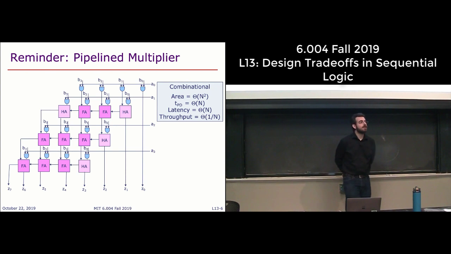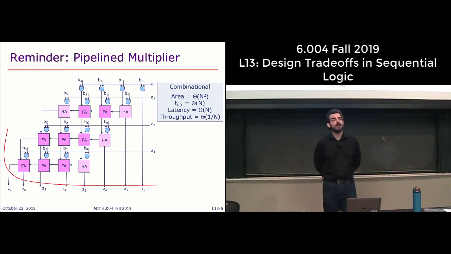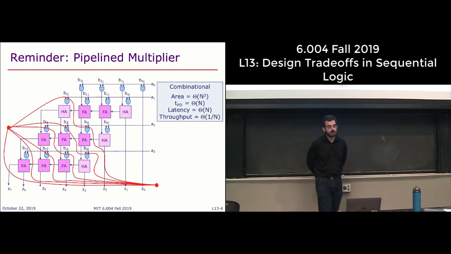So then we said, we could pipeline this. And there are multiple ways of pipelining this multiplier. One thing you could do is put pipeline registers between every row. Problem is that the delay of each of these stages is still linear. And so there's a much better way of pipelining multipliers, which is diagonally.